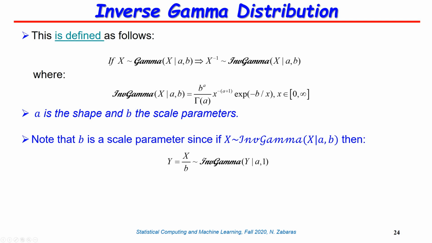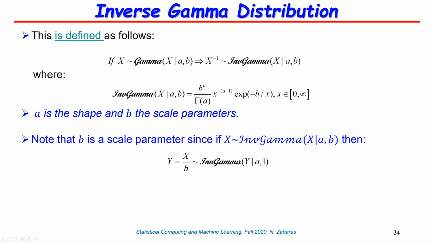We will say a little bit more about the inverse gamma distribution later on, and actually I'm going to derive the inverse gamma distribution following the definition of the gamma distribution. And again, please don't get confused here. I said if x follows a gamma, 1 over x follows an inverse gamma.